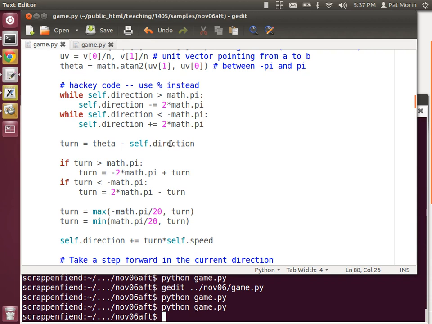So at each update, when you move, you're going to do something like self.position at 0 plus equals direction at 0, and then same thing at 1. So that's basically one step in the movement: you take your current position and you add this vector to it. That tells you what your new position is.